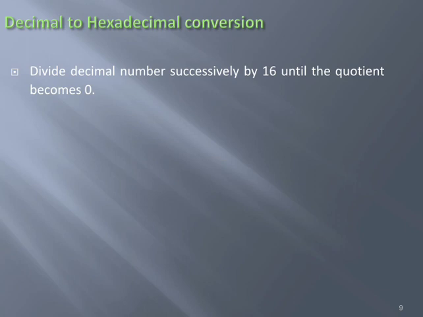For example, if you want to convert decimal to binary, you need to divide the decimal number by 2 continuously until you get the quotient 0 and remainder 1. Similarly, if you want to convert decimal to hexadecimal, you have to divide the decimal number continuously by 16 until you get the quotient as 0. That is the same procedure here, which we are adopting for decimal to hexadecimal conversion.